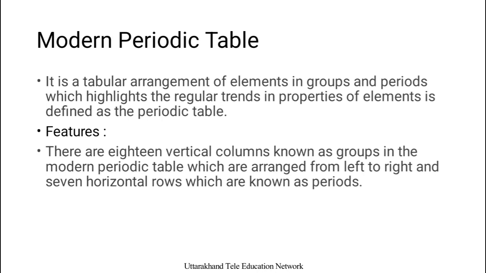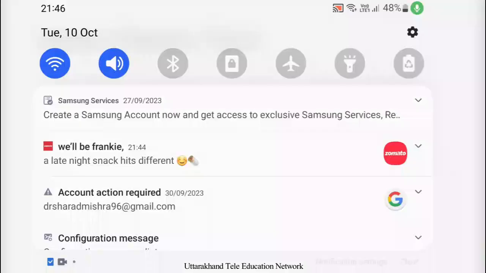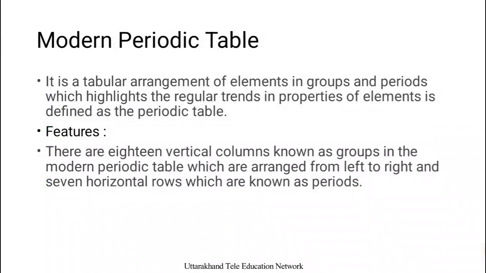Number one, it is a tabular arrangement of elements in groups and periods, which highlights the regular trend in properties of elements, and is defined as the periodic table. There are some features.